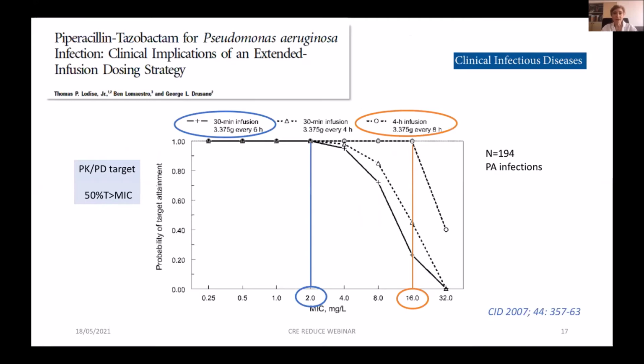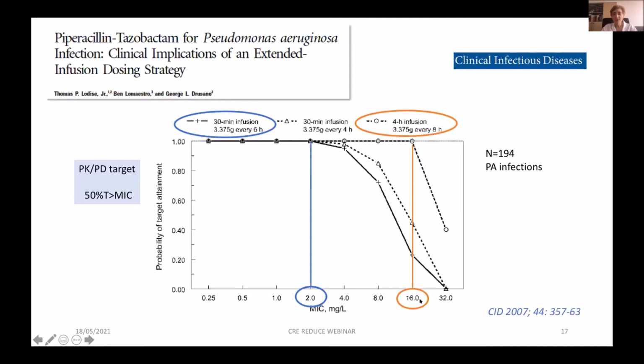So if we look at clinical data, you can see in this study conducted in 2007 from the team of Lodise, studying Pseudomonas aeruginosa infections and different dosing strategies for piperacillin tazobactam, that the probability to achieve the PK/PD target, here 50% of the time above the MIC, is achievable with intermittent bolus infusions of 30 minutes.